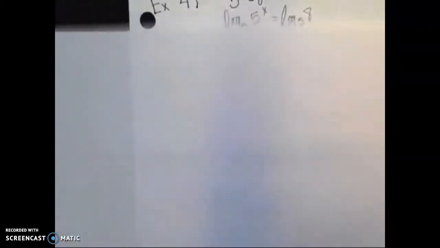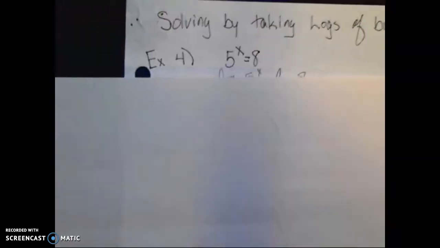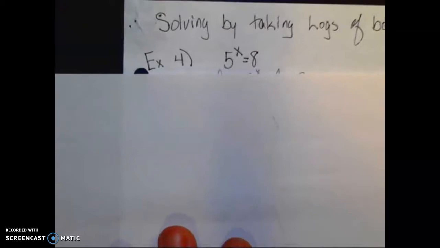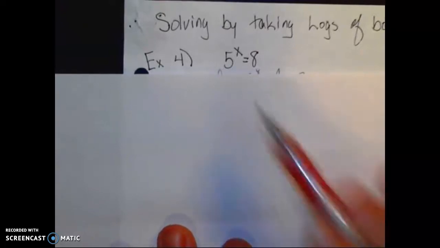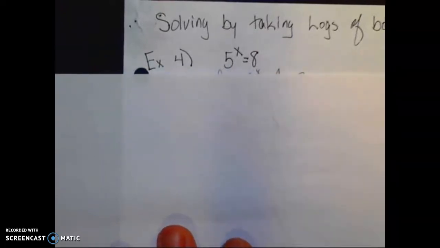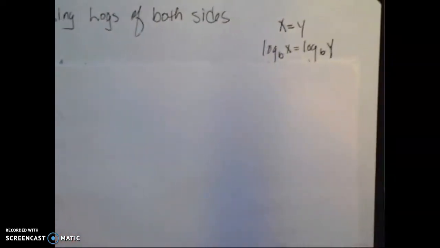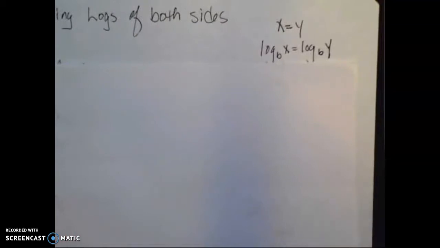Sometimes you have something that looks like this and you can't do anything with it to force the bases to be the same. So that's no bueno. So we're going to use the whole idea. This is the concept that we're using here.